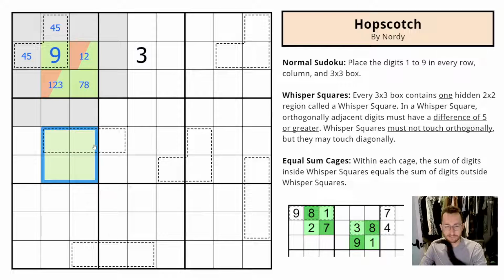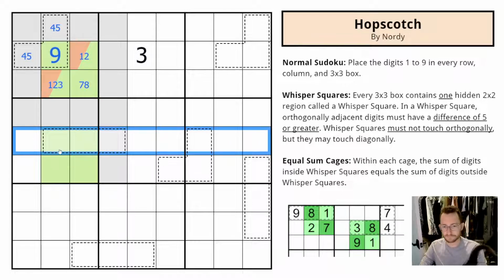If we place it here, we run into some problems because now this can't be a whisper square. So these two have to add to this, and we've proved that 2 whisper square cells cannot add to a non-whisper square cell that's in a special row. So this placement doesn't work. So the whisper square has to go here.